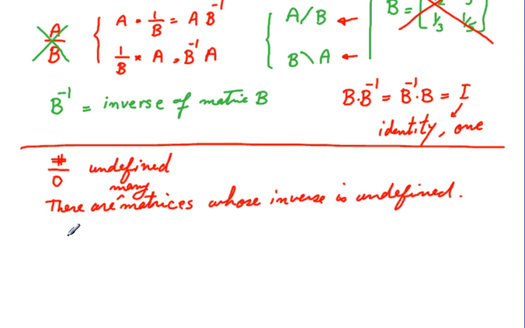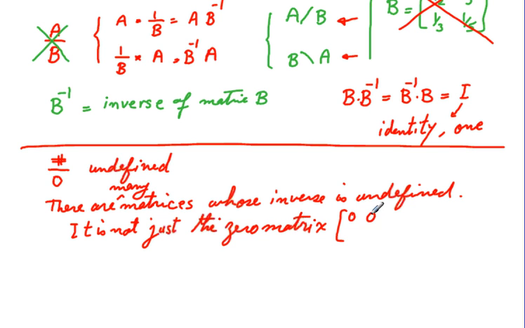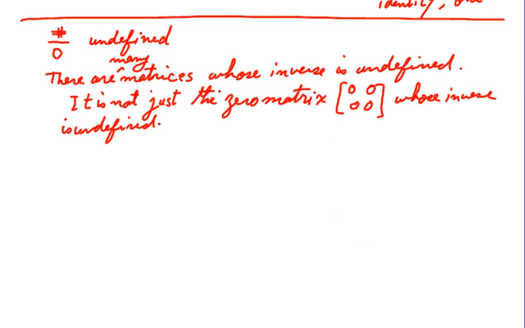And we want to say that it is not just the 0 matrix whose inverse is not defined. So the problem isn't just here. That by itself becomes a major task. Given a matrix, how do you know if it has an inverse for you to find or not?